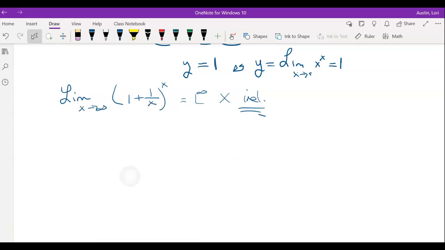is I am going to let y. I forgot the limit part, sorry. I was so excited the pen was actually working.